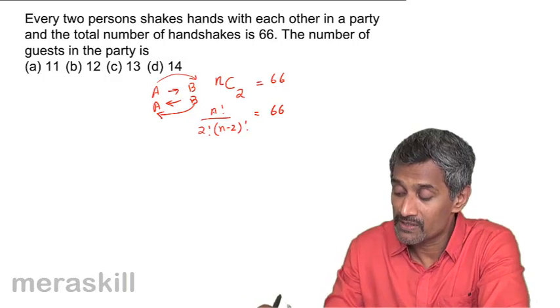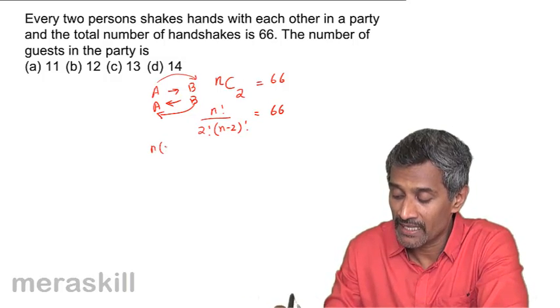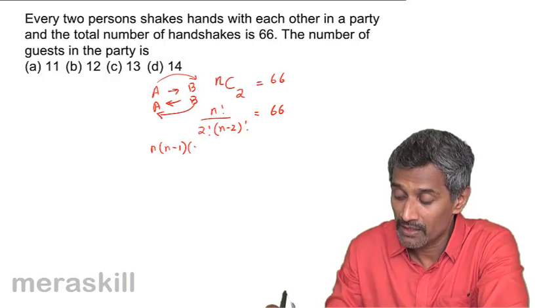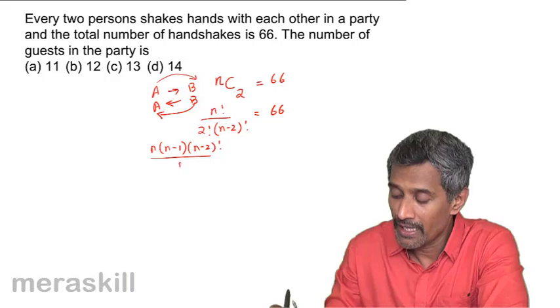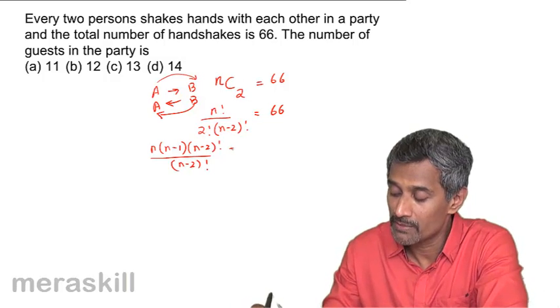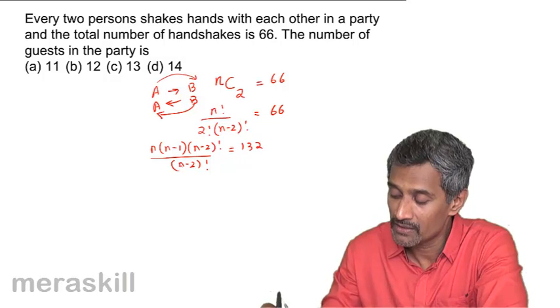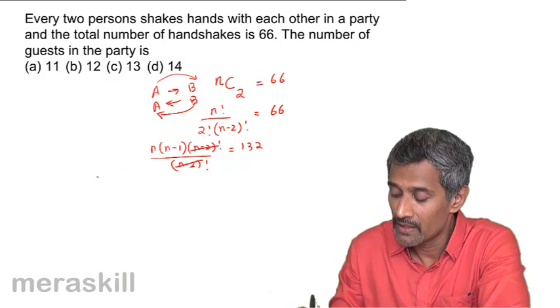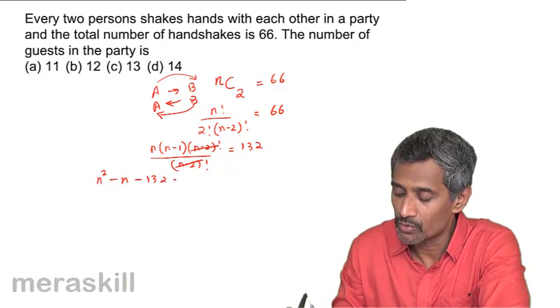So in the next step, this n factorial can be written as n into n minus 1 into n minus 2 factorial upon n minus 2 factorial into 2. Now this 2 can be cross multiplied and you get 132. This gets cancelled. You get n square minus n minus 132 is 0.